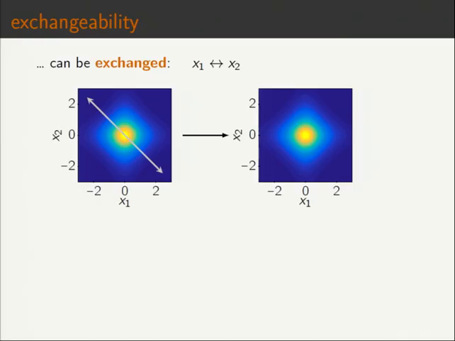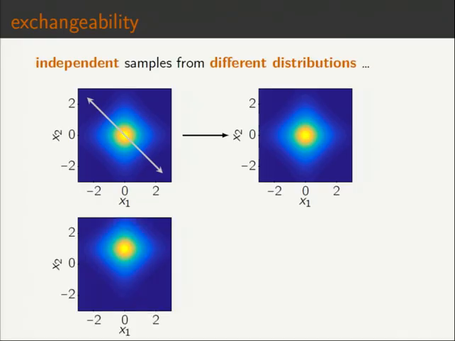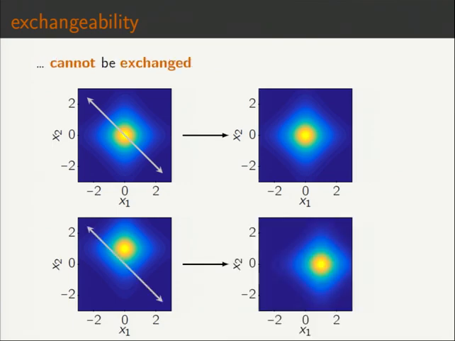Now, again, we're looking for a mean difference, and now the two distributions have the same shape and width, but the means of the two distributions are different. So x1 is from a distribution with a mean of 0, x2 is from a distribution with a mean which is larger than 0. You apply the same mirroring operation, then you get a different joint distribution. So in this case, there is no exchangeability.